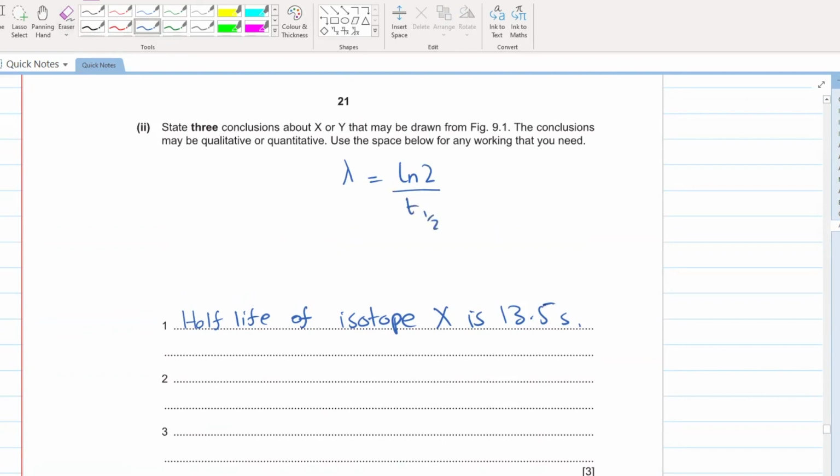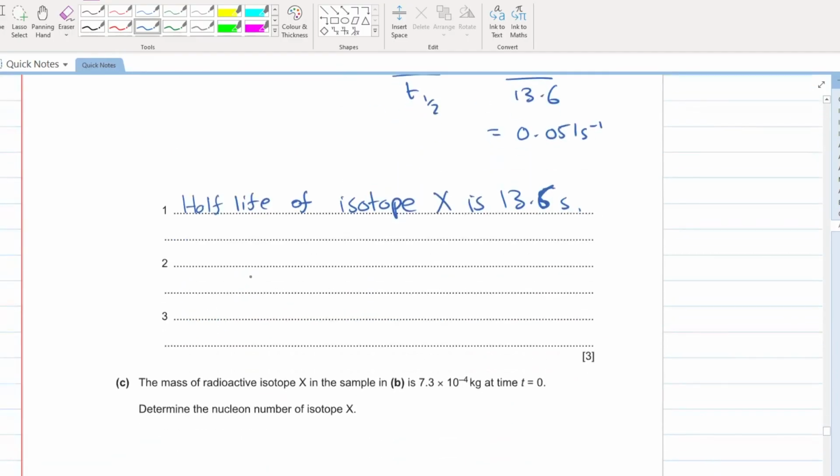You can write 13.5, you can write 13.6, it's your opinion. ln2 over 13.6, what will your decay constant come out to be? 0.051 second minus 1. So your decay constant lambda is equal to 0.051 second minus 1.